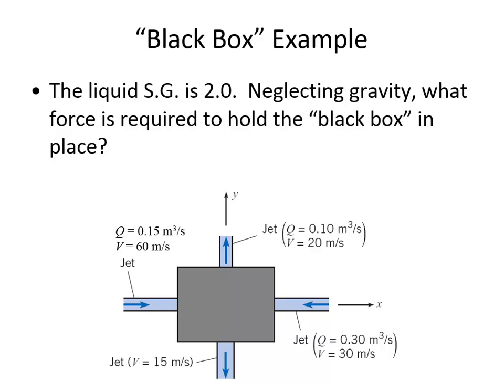The sum of the forces in the y direction will be the mass flow rate out, velocity out in y, minus the mass flow rate in, the velocity in y. The mass flow rate of stream 1 is the density of 2,000 kilograms per cubic meter, and we're given that the volumetric flow rate is 0.1 cubic meters per second.